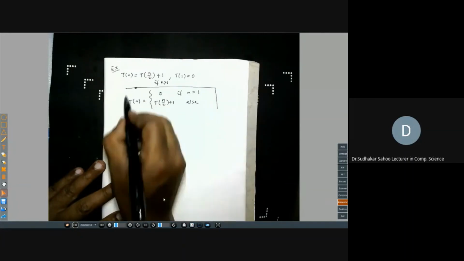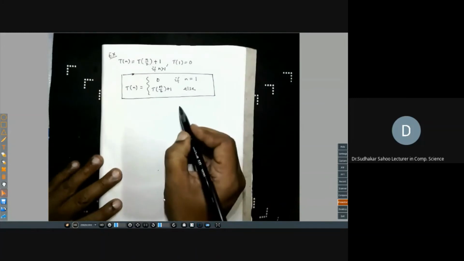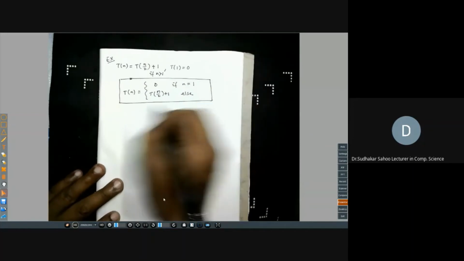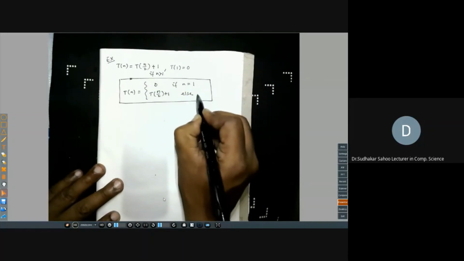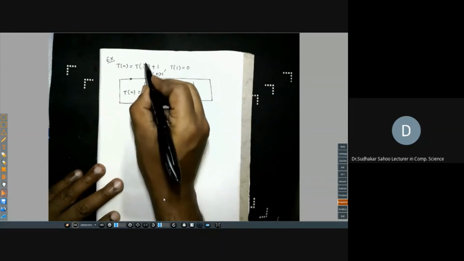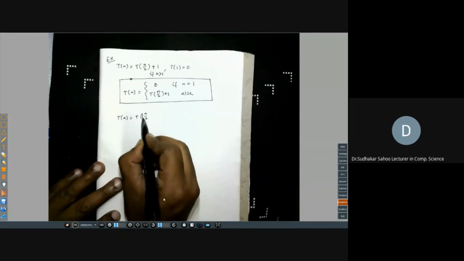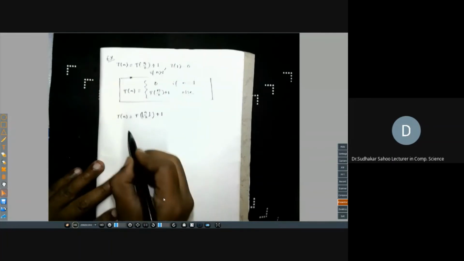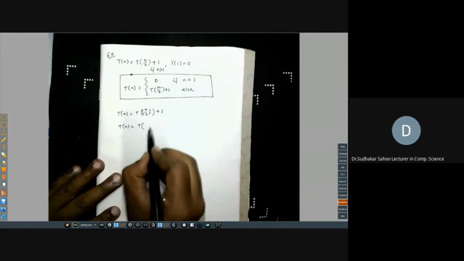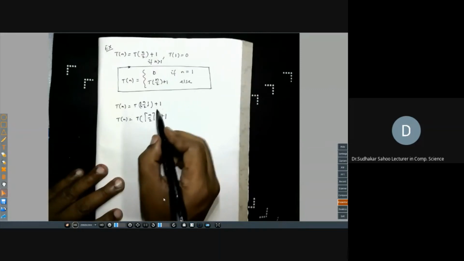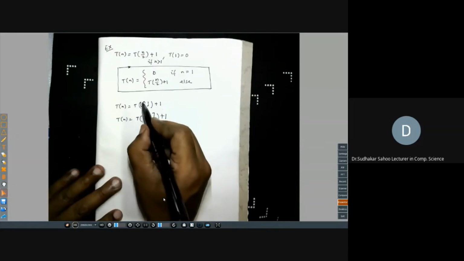This is if n is of the form 2 to the power k. Here I am passing n as 64, 16, 8. Otherwise, I have to write the floor function: T(floor of n/2) + 1, or T(n) = T(ceiling of n/2) + 1. You can write that. Here, any n you can take.